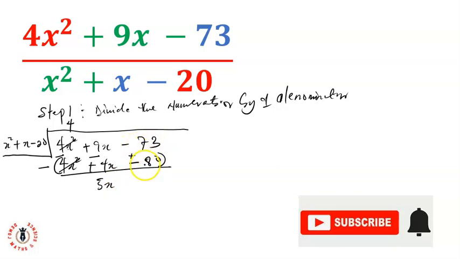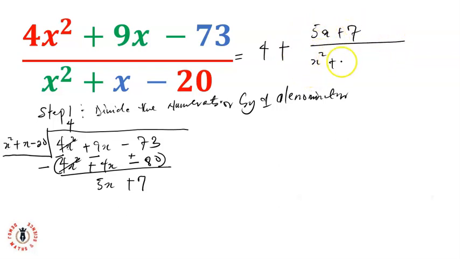Minus 73 plus 80, I'll be left with 7. That's plus 7. At the end of the day, I've been able to resolve this fraction to look like this: 4 plus (5x plus 7) over (x squared plus x minus 20).